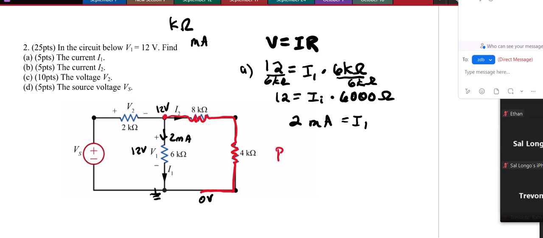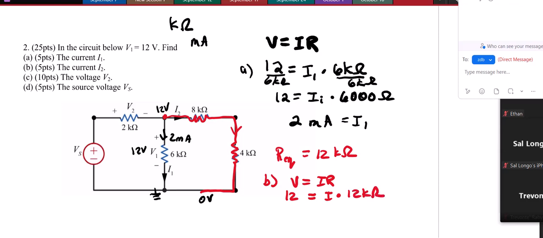And my equivalent resistance for that red branch that I just drew is 12 kilo ohms because those are in series. So V equals IR, and my change in voltage is 12 volts. 12 equals I times 12 kilo ohms. So 12 divided by 12 is 1, and so I2 is 1 milliamp.